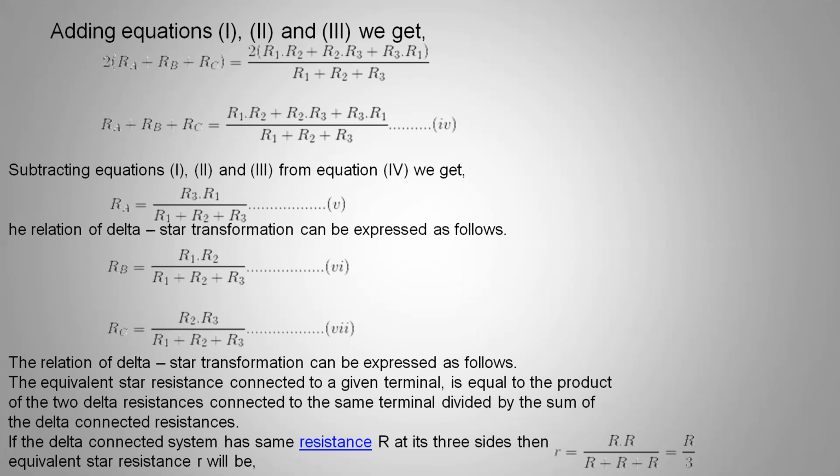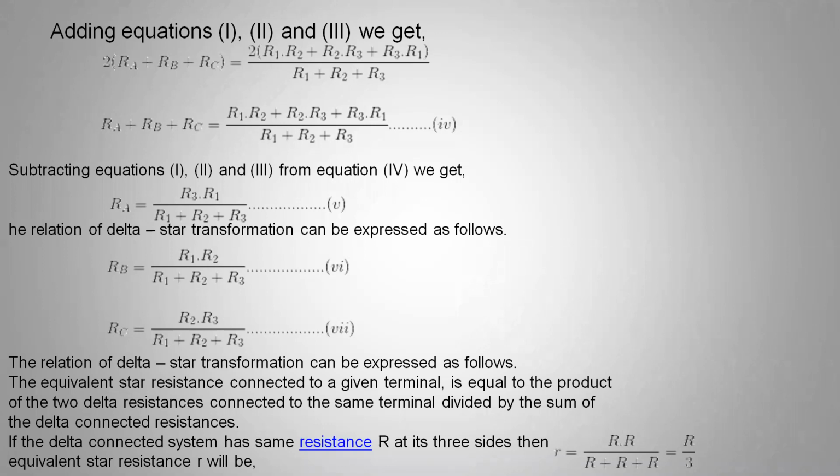So all the resistances are the same. Small r is equal to R into R by R plus R plus R, so R by 3R. In the numerator R and the denominator R cancel, giving capital R by 3.